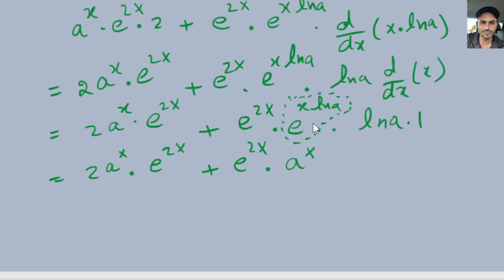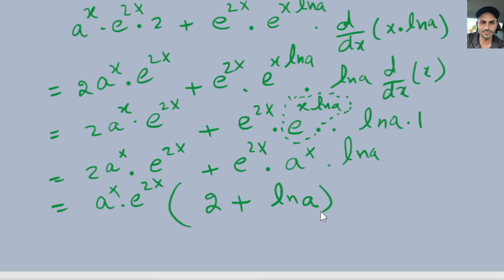So this thing is a to the x times ln of a. And now we can factor out a to the x and e to the 2x. So we get a to the x, e to the 2x, and we get 2 plus ln of a. So this is our final answer.